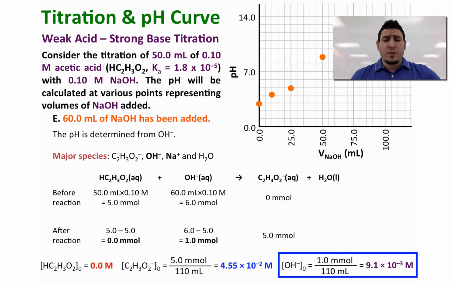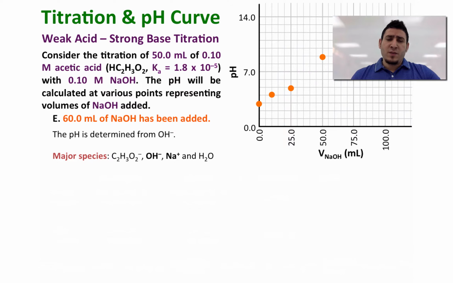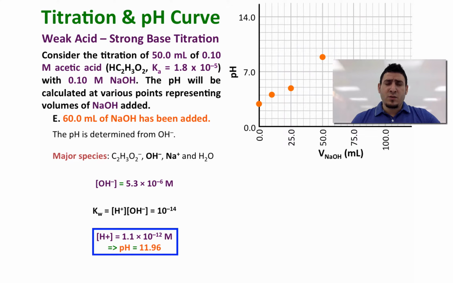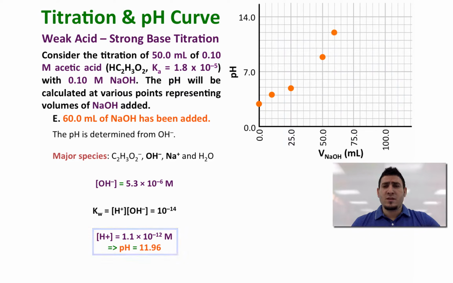So now you can see that the concentration of OH minus is equal to 9.1 times 10 to the power minus 3 molar. So now from the concentration of OH minus we can get the concentration of H plus and therefore determine the pH. The pH now is equal to 11.96, and we can add this point to the graph here.